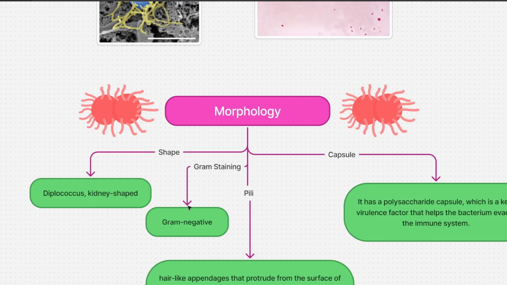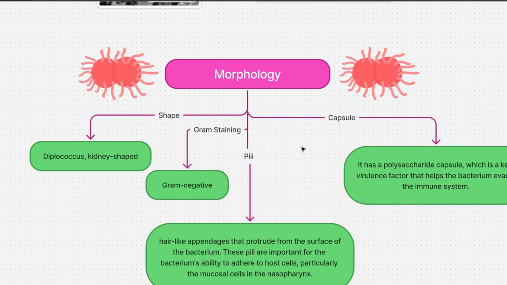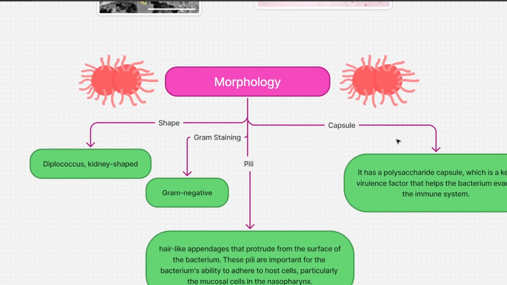As for the gram staining, it stains gram negative. And it has a capsule, which is a very important virulence factor that when we talk about pathogenesis, capsule is going to be the most important aspect.